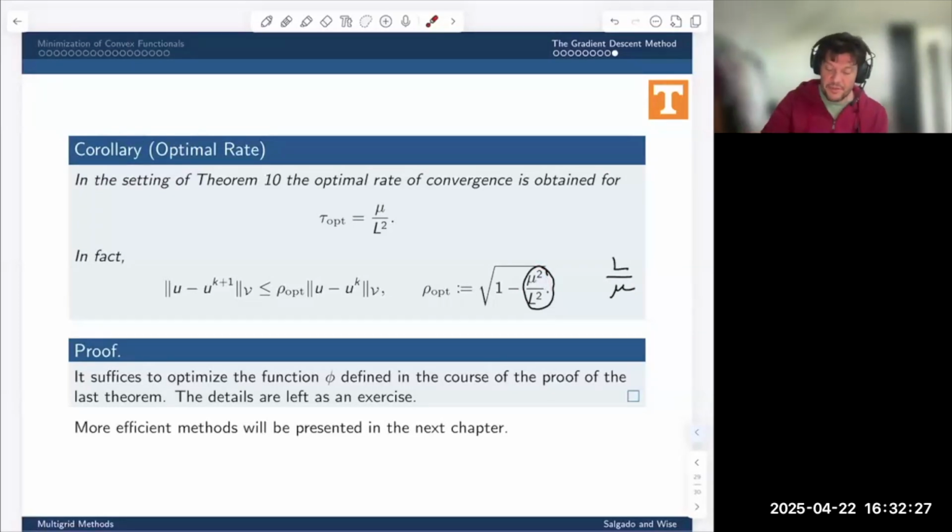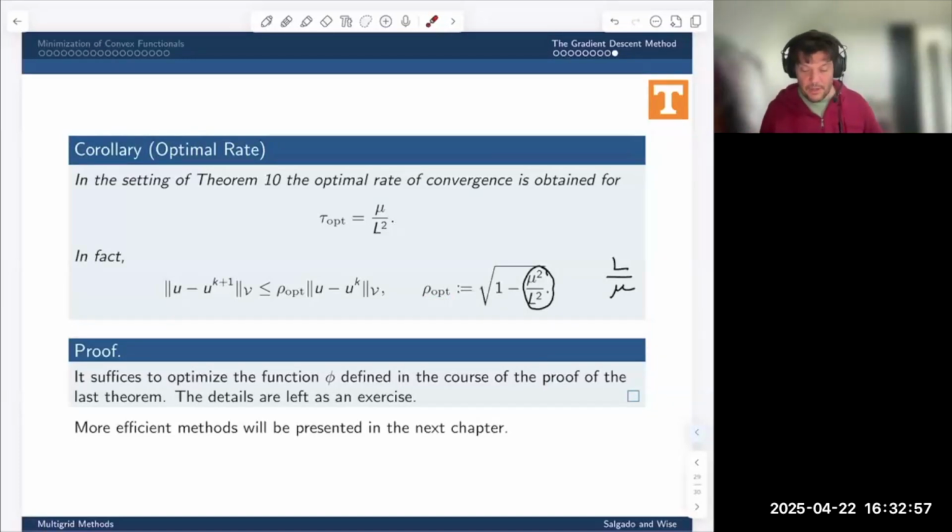But here's the problem with this gradient descent method. Like other methods, when the condition number gets large, you get a deterioration of the convergence rate. We see the same thing happening here. Whenever the condition number deteriorates, that is, it gets closer and closer to infinity, then this constant here is going to approach 1. So we get a deterioration of that.